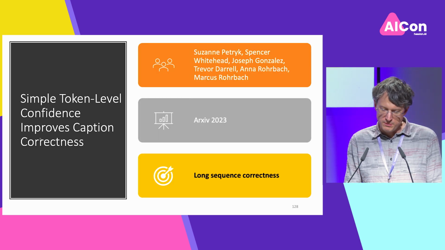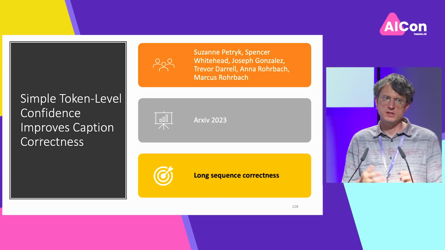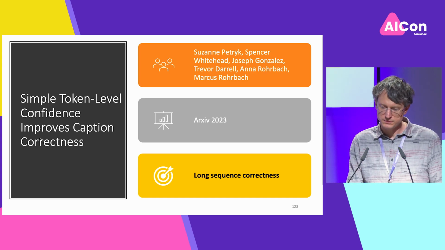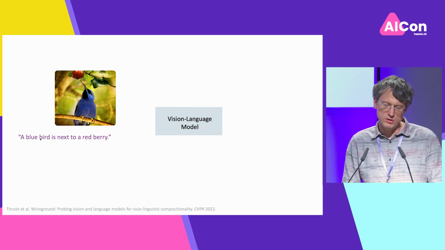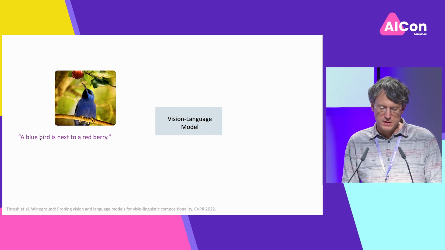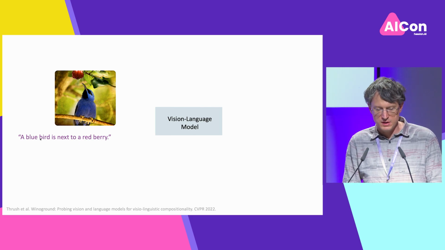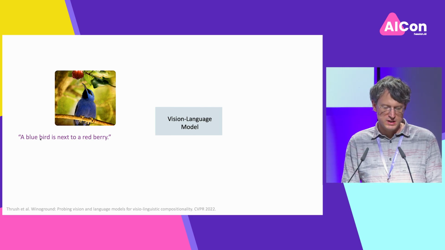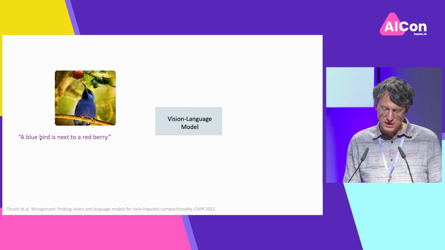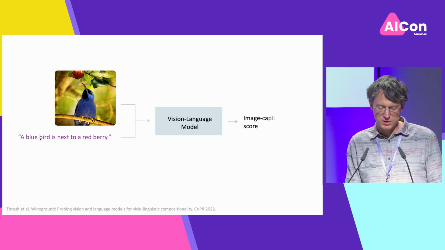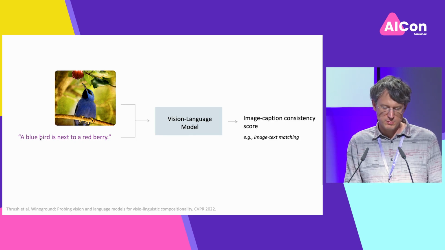So the last thing I want to talk about is how we extended this to long sequences of answers, or long sequences of text, again in a multimodal setting. For example, if we have this picture, a bluebird is next to a red berry, and we have vision and language models which try to understand it, for example image-caption consistency, how well are those related.